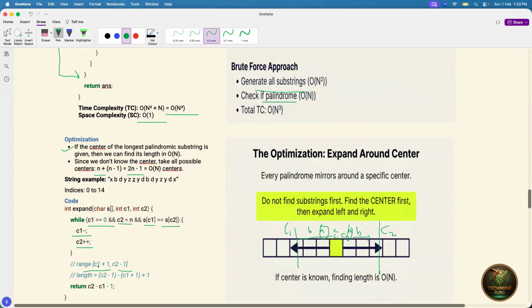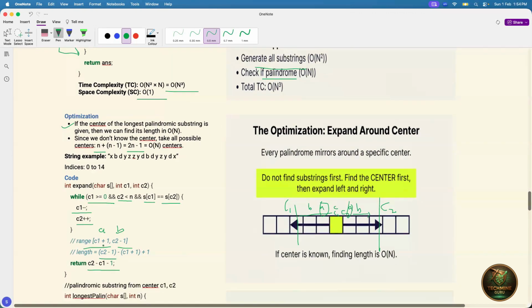What is the length of the substring? We use the formula for counting the number of elements from A to B, which is B minus A plus 1, which is C2 minus 1 minus (C1 plus 1) plus 1, which gives us the length of the substring as C2 minus C1 minus 1.